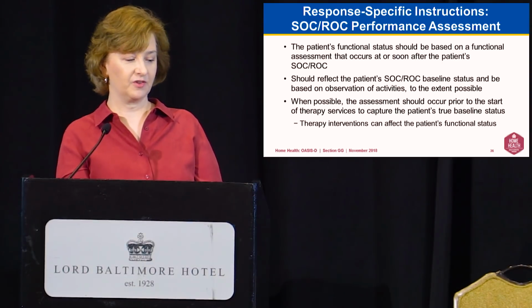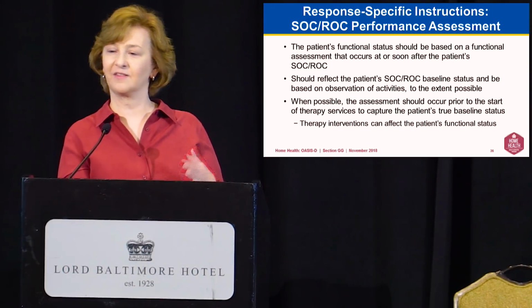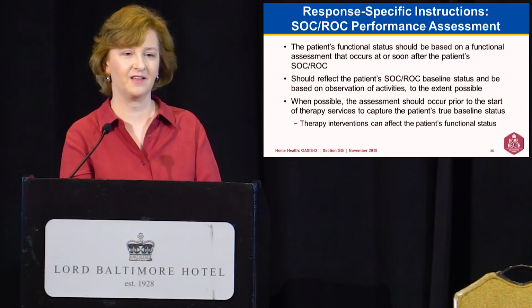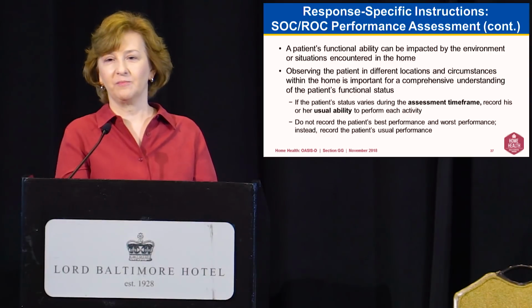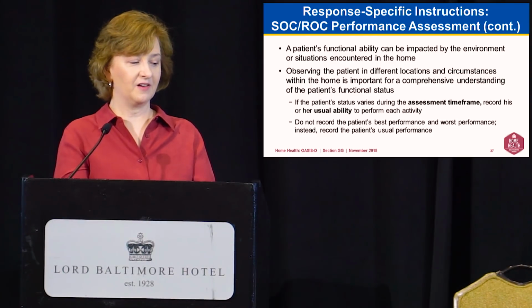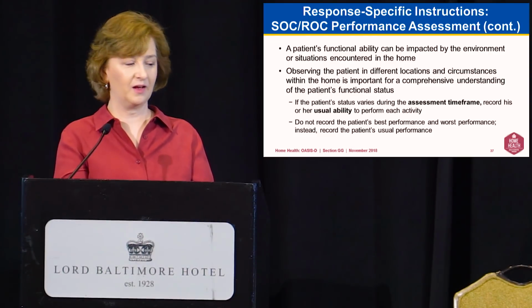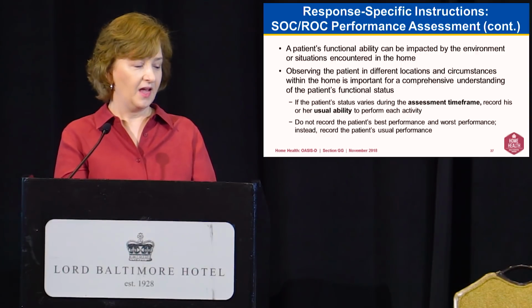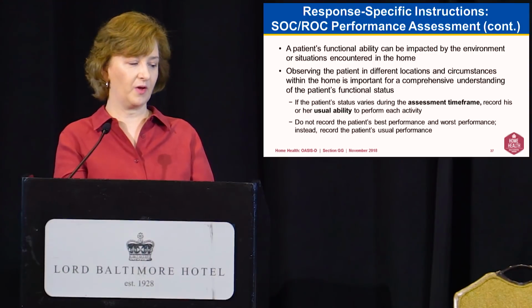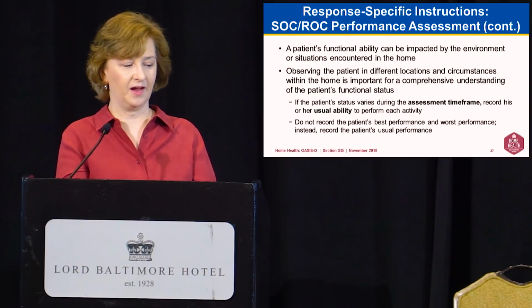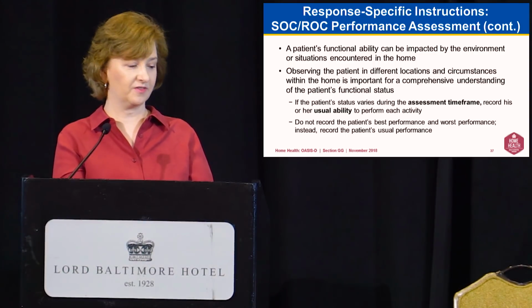Therapy interventions can affect somebody's functional status, so we're trying to get a baseline assessment at the time of admission. A patient's functional ability can also be impacted by the environment or situations encountered in the home, so observing the patient in different locations and circumstances within the home is important for a comprehensive understanding of the patient's functional status.